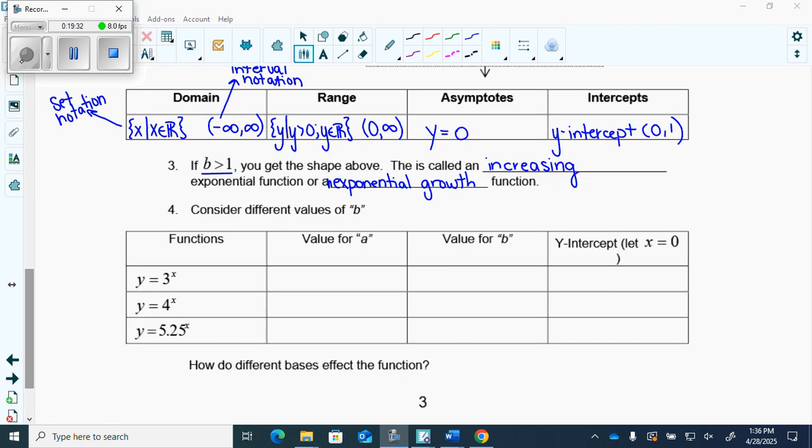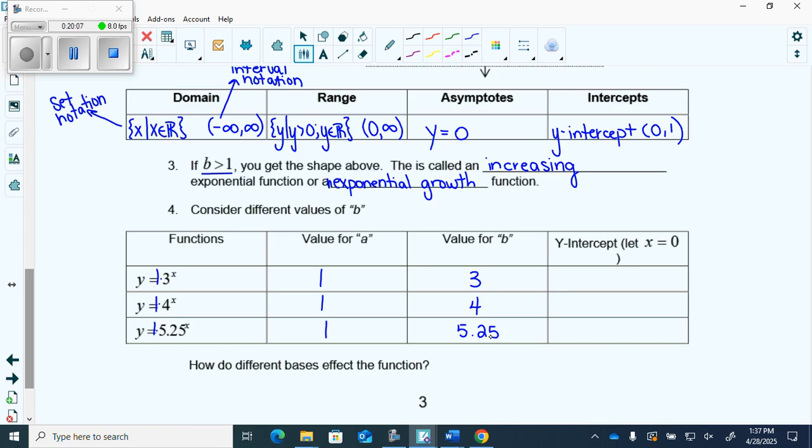What is the value of a on all three of these? 1. It'd be 1 times 1 times 1. Quiet, please. The value of b for this one is 3. This one is 4. This one is 5.25. So to be blatantly honest, the larger your b value gets, the faster it increases, correct? So the 5.25 has the largest exponential growth out of all of them.